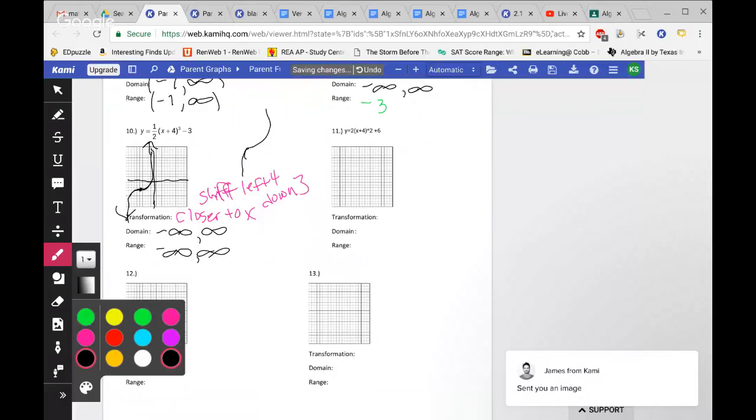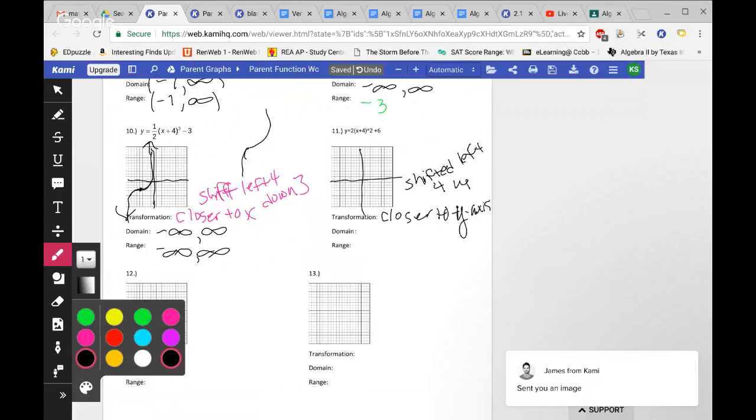Okay, so this quadratic here is going to be closer to Y. Right? Because of the 2. Yeah. And then shifted left 4.